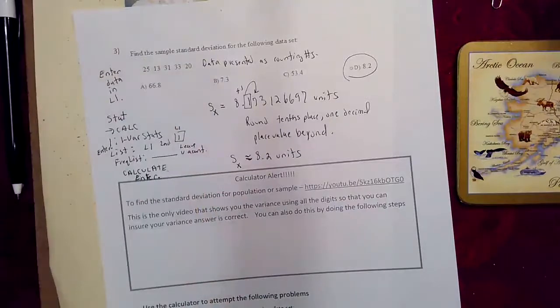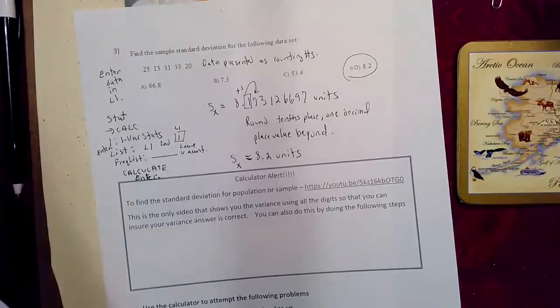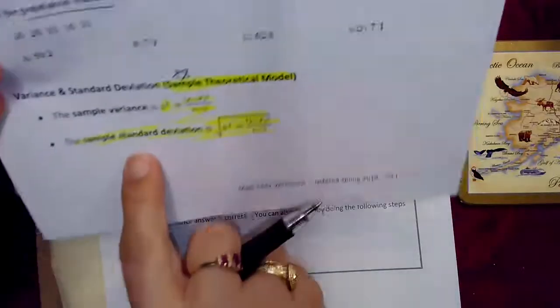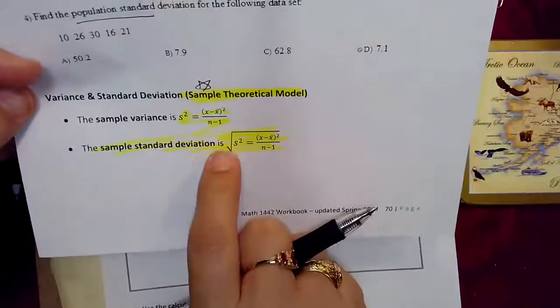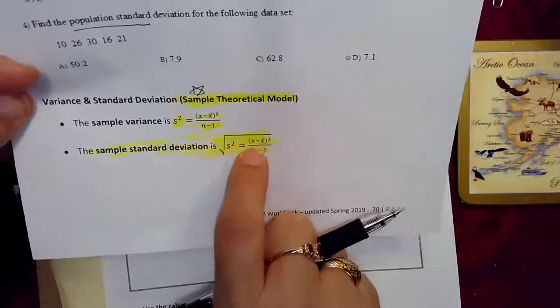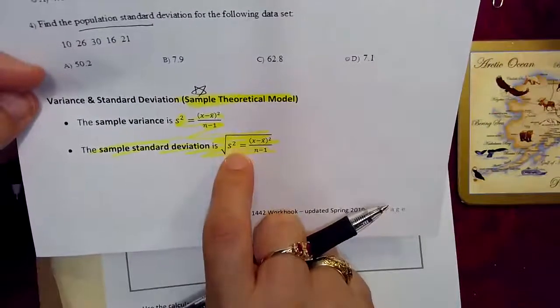Now, let me just see what the associated formula for that was. Let me go back to your sheet. We're using the calculator, but let me see what we have here for the formulas. I would use this. See here, your sample standard deviation, this one is shorter. So the square root of s squared would be fine.